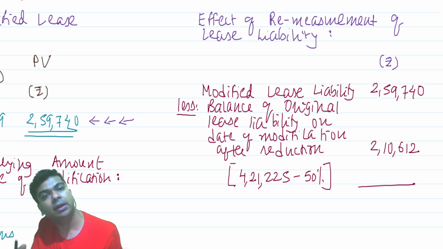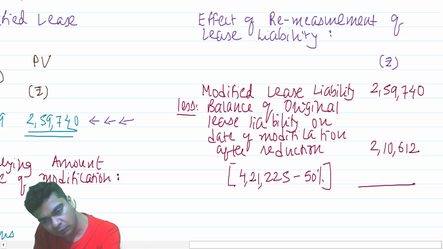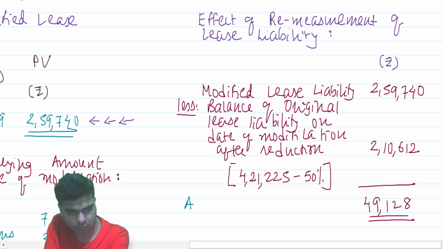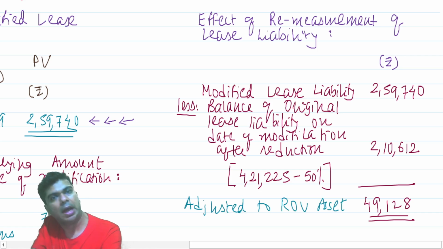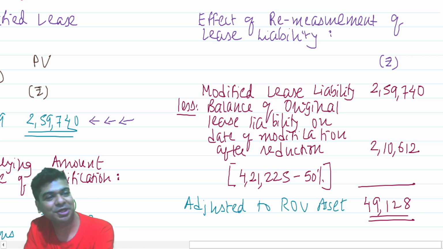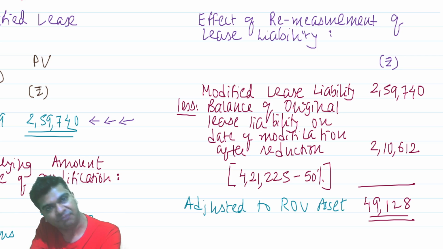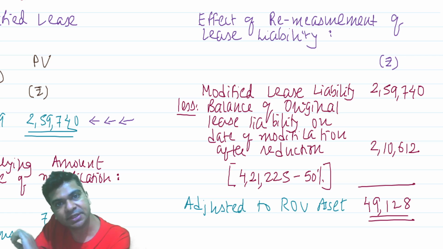It should be updated to 259,740. So I get 49,128, adjusted to ROU asset. So I'm remeasuring the lease liability. After all the scope reduction, my liability in the books was 2,10,612.